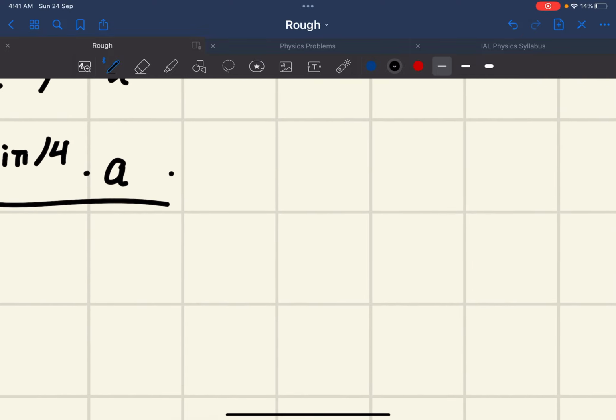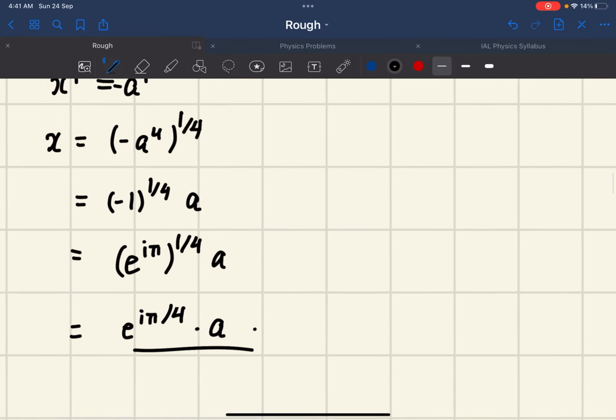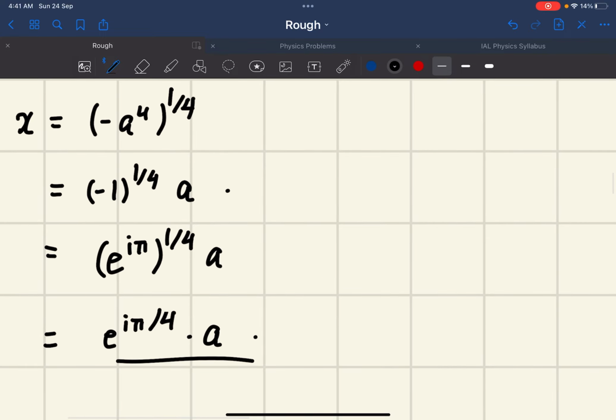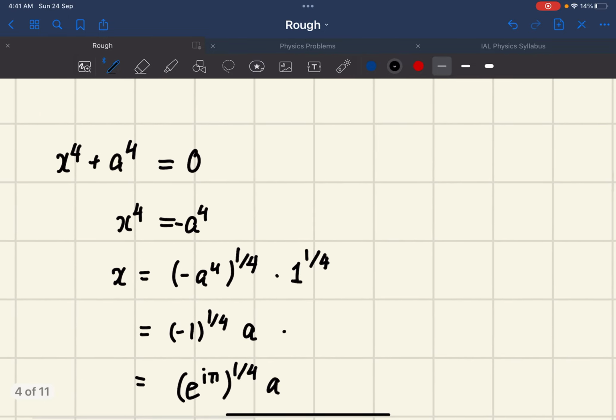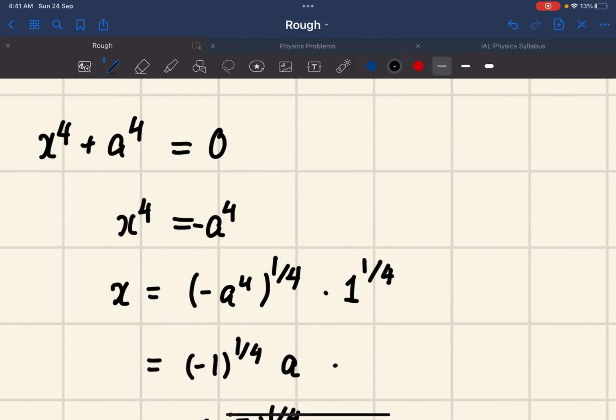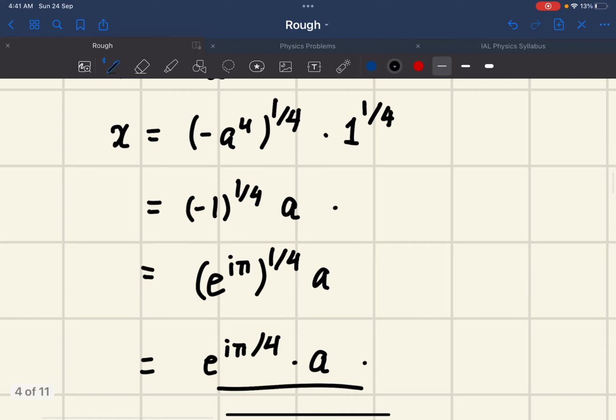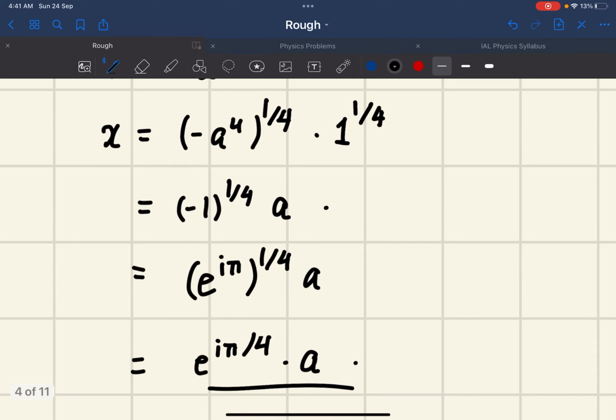Let's start from the beginning. I apologize. So x to the 4 plus a to the 4 equals 0. x to the 4 equals minus a to the 4. x equals (minus a to the 4) to the power of 1 over 4.